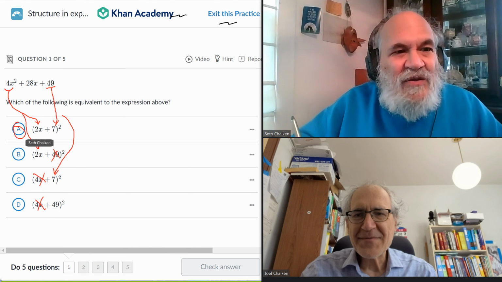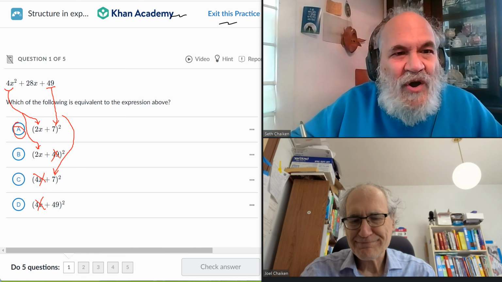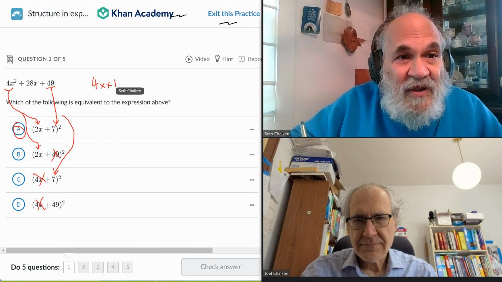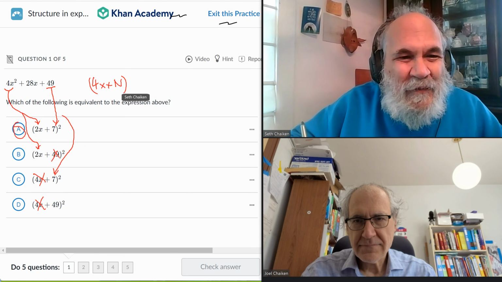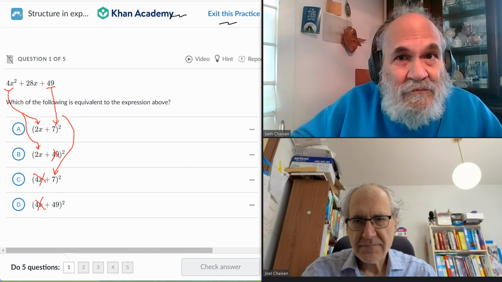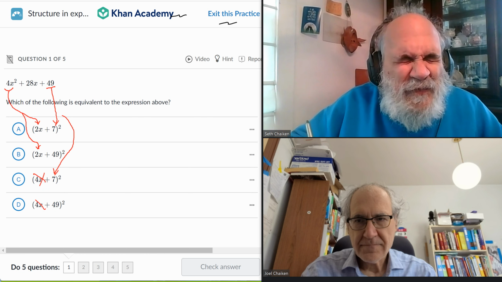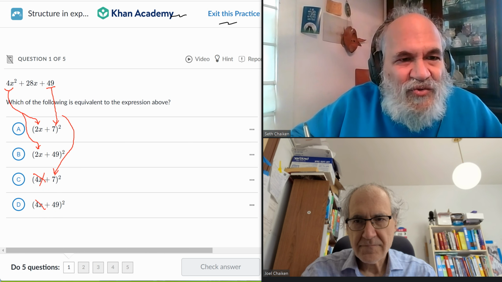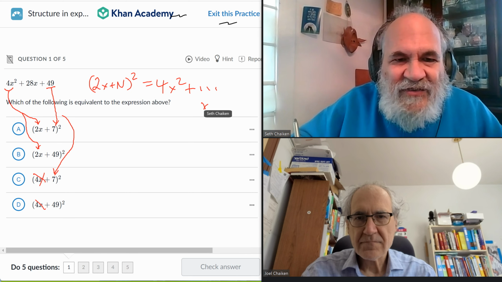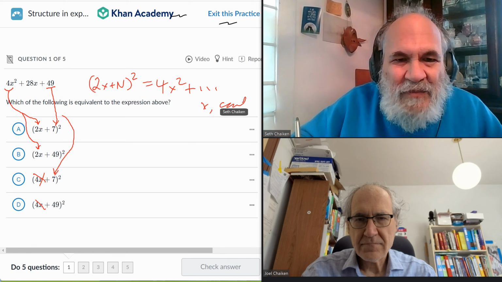Right. So what's going on here is that if you have 2x plus a number, squared, that's going to equal 4x squared plus other terms, an x term and a constant term.